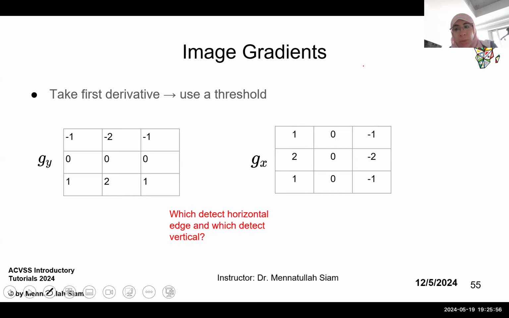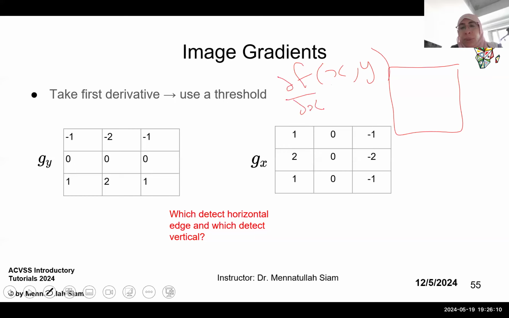Here is a small trick though. We said that our image is a function of two variables, X and Y. It's a 2D signal, a 2D matrix. So we need to compute the gradient with respect to X and with respect to Y. This one looks into the change in the X direction, and this one looks into the change in the Y direction.